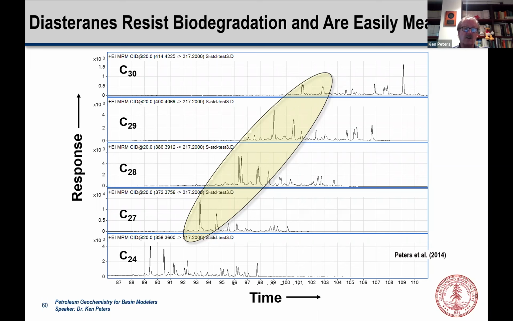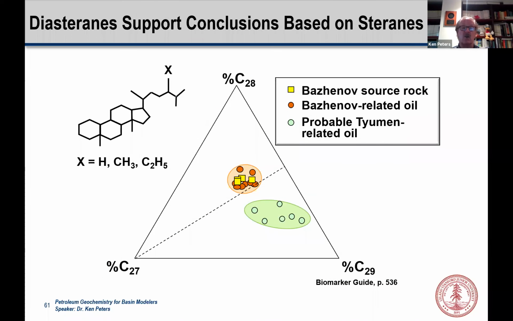So we identified these 4 compounds right here, which are actually present up here. They're just co-eluting. Anyway, the diasterenes are present in clay-rich rocks, and we used those diasterenes on the same samples from West Siberia. And if we had a sample that didn't have steranes in it, we could use the diasterenes.